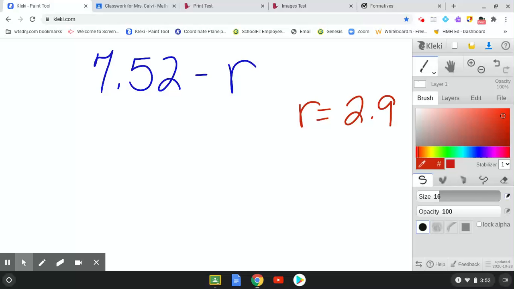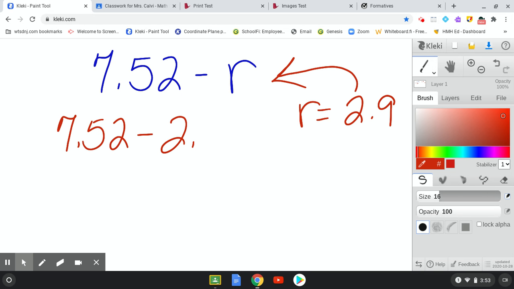So this is just like when we were evaluating whole numbers, except for now they're just decimals. So I'm going to plug in 2.9 in for r and then just solve the problem. So the problem becomes 7.52 minus 2.9.